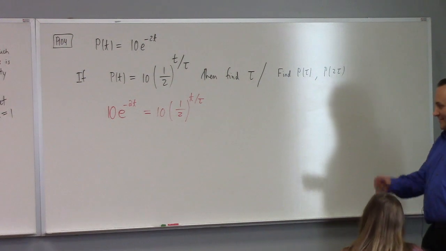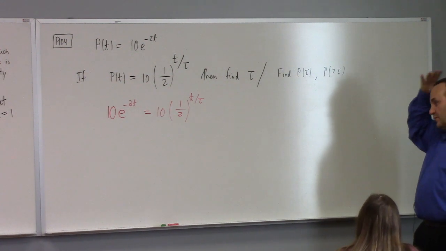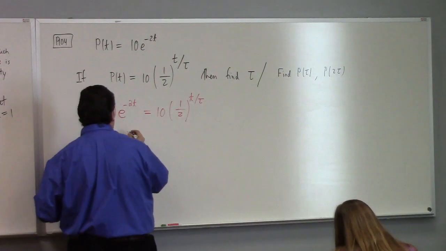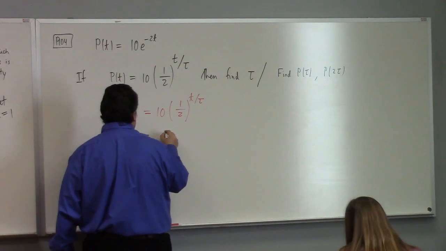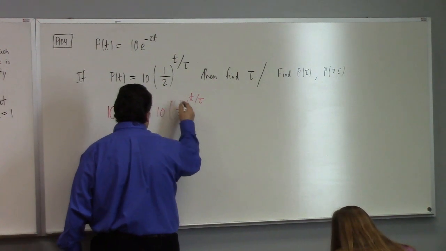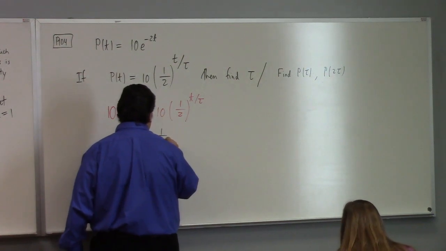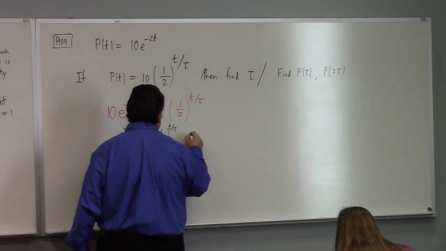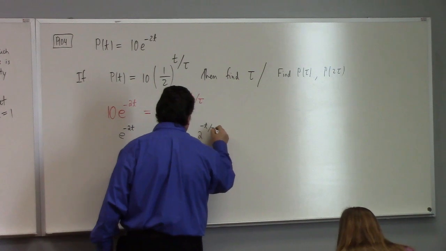All right, so how do I make progress on this beast? Well, one thing I can do, divide by 10. Yeah, that makes it nicer. e to the minus 2t is equal to 1/2 to the t over tau. We could write this as 2 to the minus t over tau if you wanted.